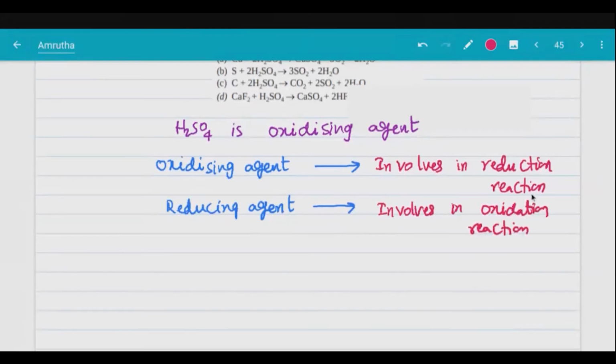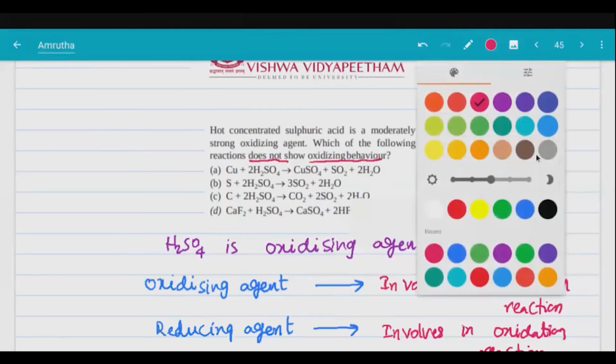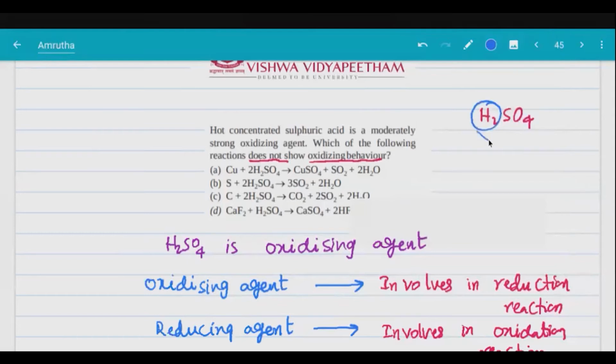Clear? What we need to do here? They are saying which of the following reactions does not show oxidizing behavior. So H2SO4, which element is getting changed? Hydrogen, usually no. Oxygen, usually no. Only sulfur. So let us check sulfur.